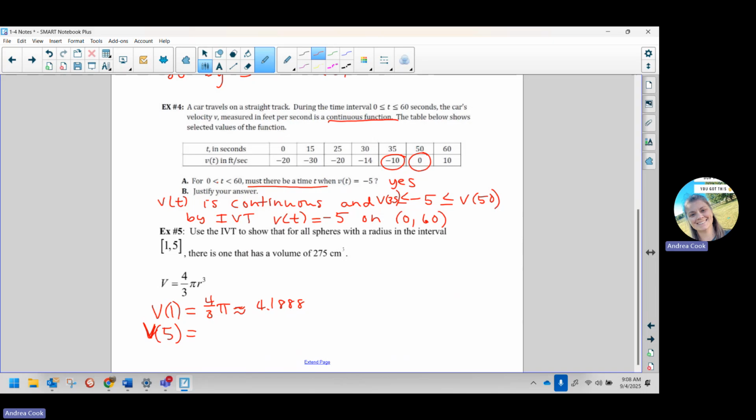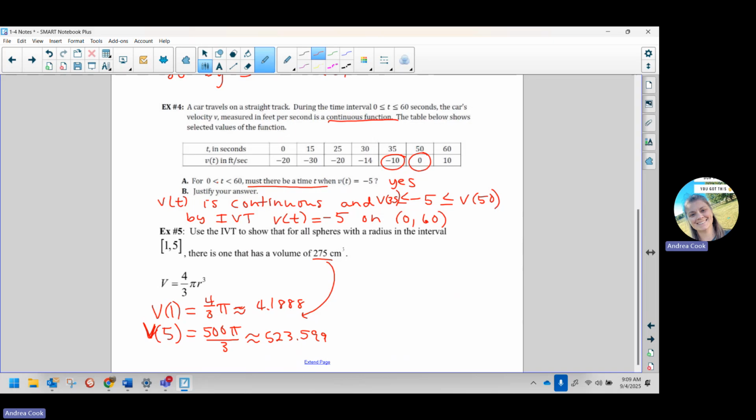If I plug in 5, that's 125 times 4, 500, and that is 523.599. All right, so 275 is in between there.